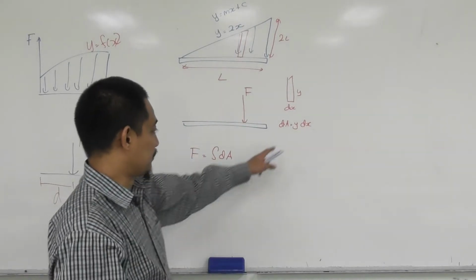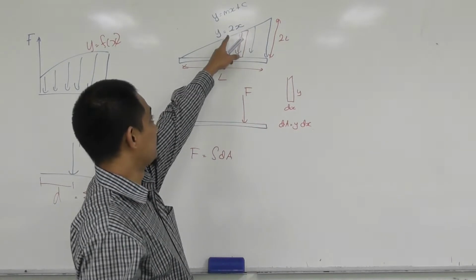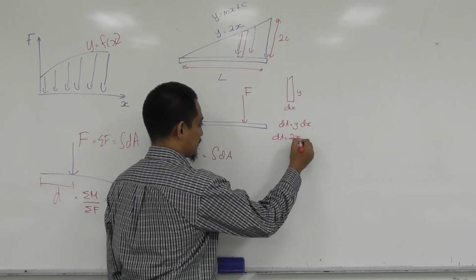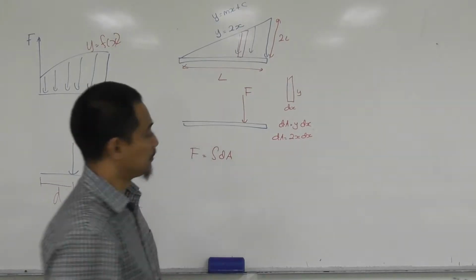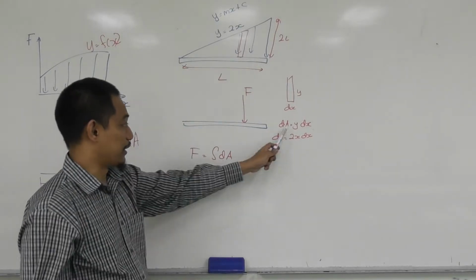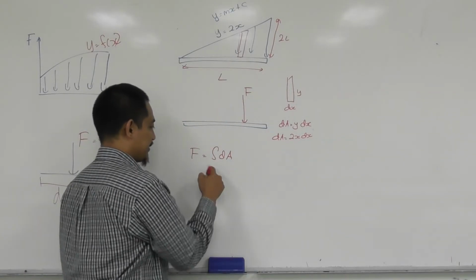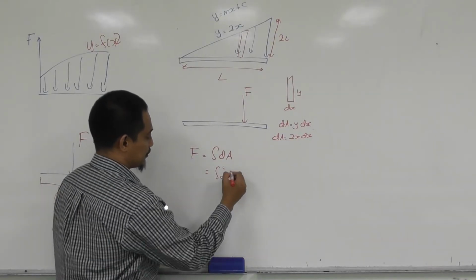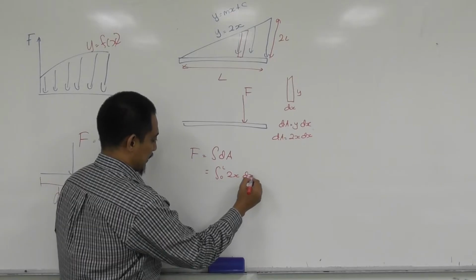But of course, you want to integrate with respect to x, and y you can convert to x. So dA is 2x dx based on y equal to 2x. If you plug in here, you'll get 0 to L, 2x dx.